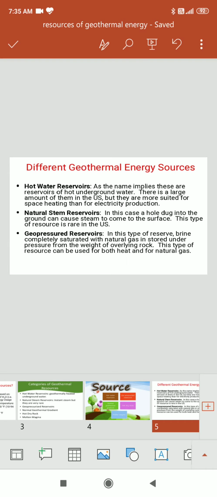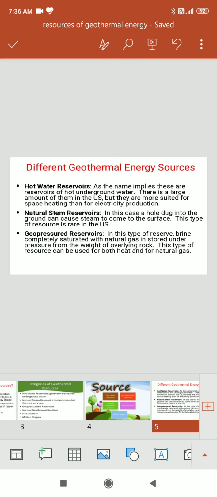Next, geopressured reservoirs. In this type of reservoir, brine completely saturated with natural gas is stored under pressure from the weight of overlying rock. This type of resource can be used for both heat and natural gas.